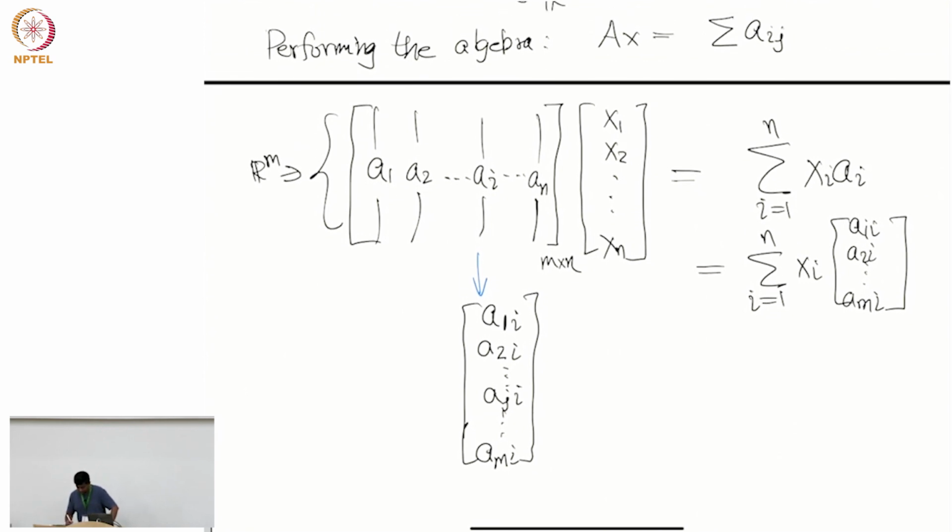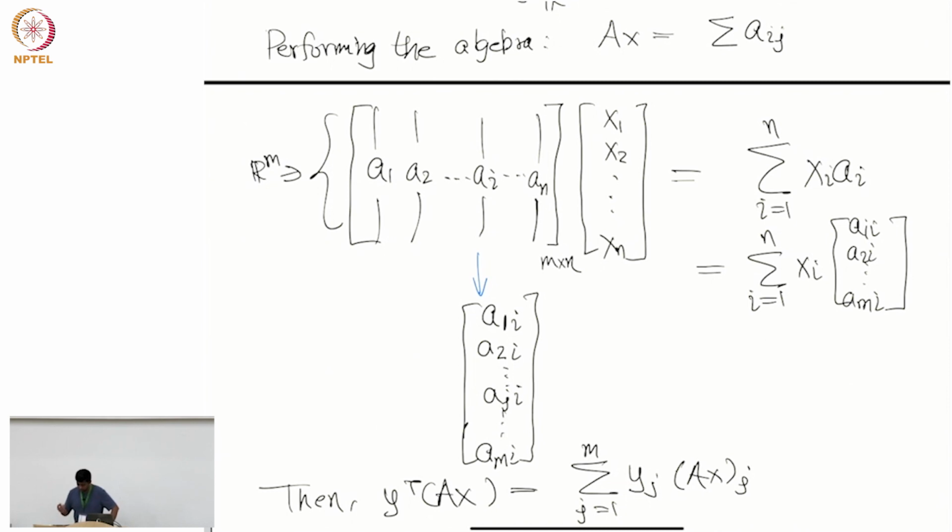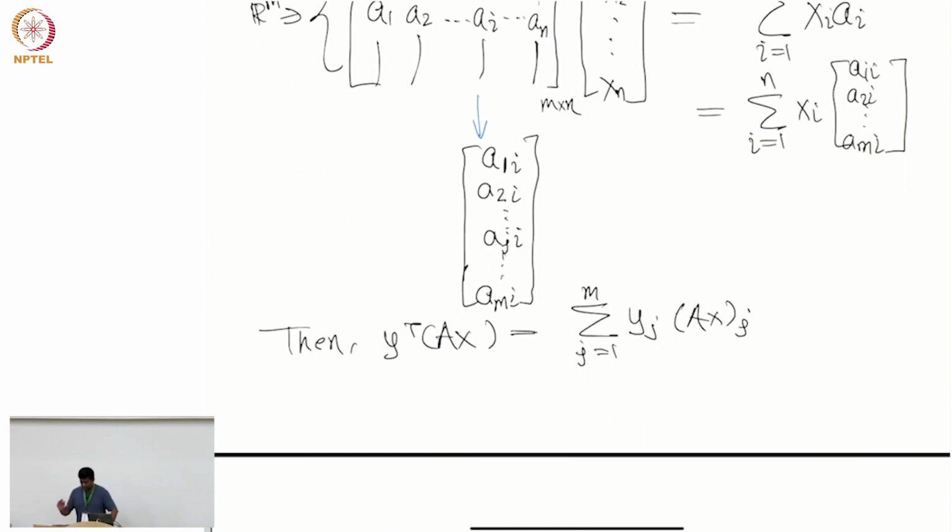Then y transpose Ax is going to be the summation over j of yj times the jth component of Ax, for j going from 1 to m now, because y is an m vector. You can do this.